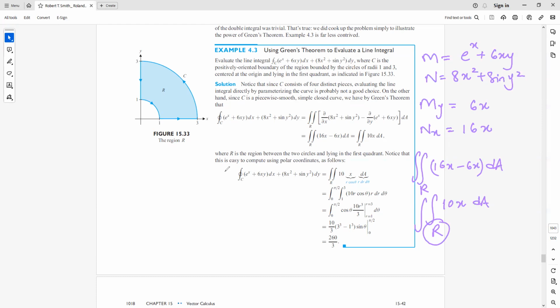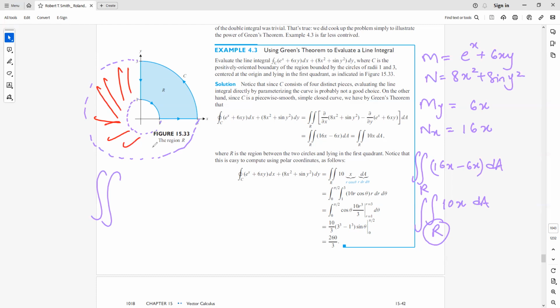Now we need to find the limits of this region. Okay, so it's a circular region. It's kind of a quarter circle, right? And if we extend this, you can see that this is a circle and this is also a circle. So the area bounded between these two circles is this whole area.